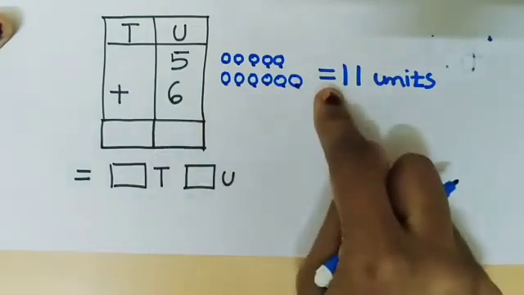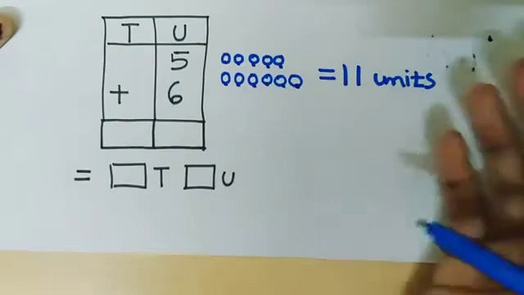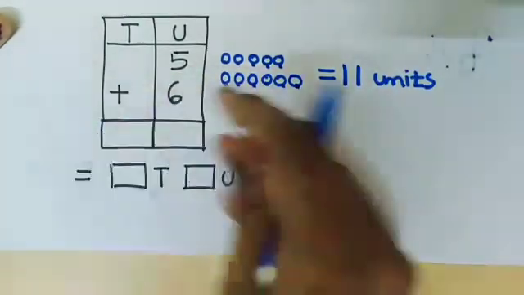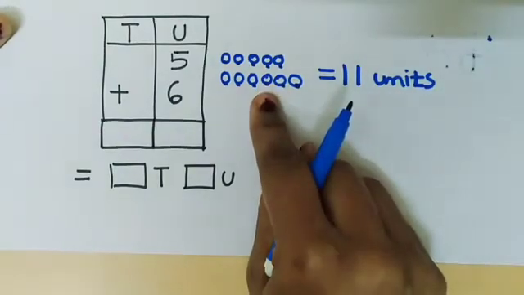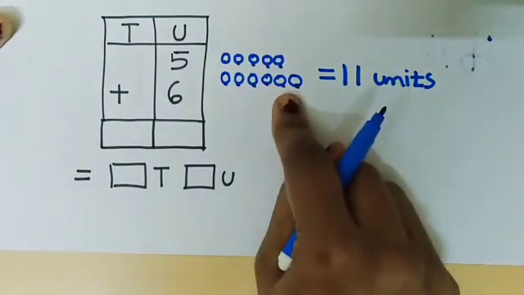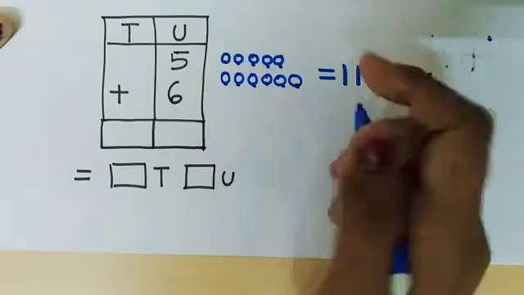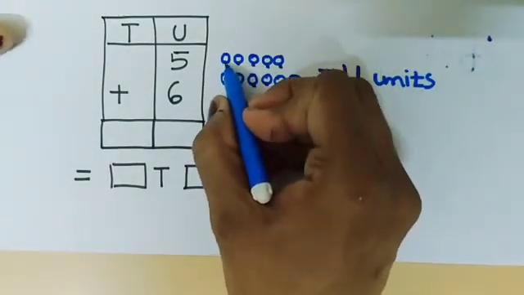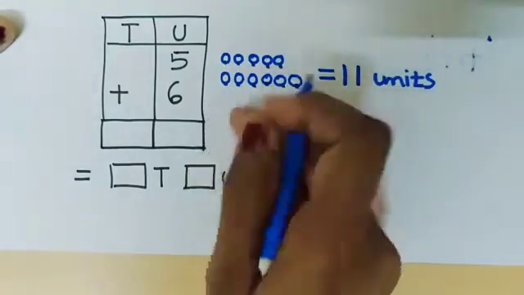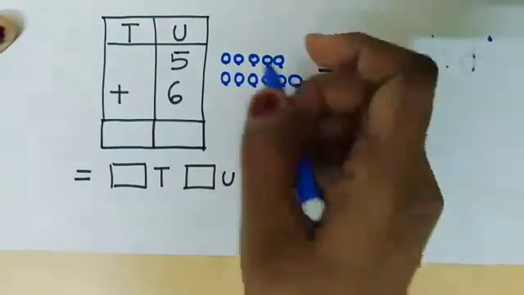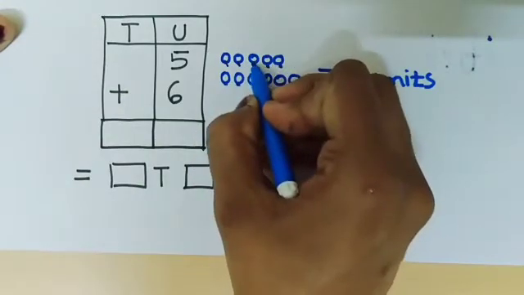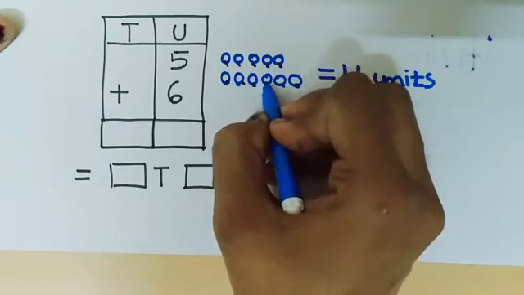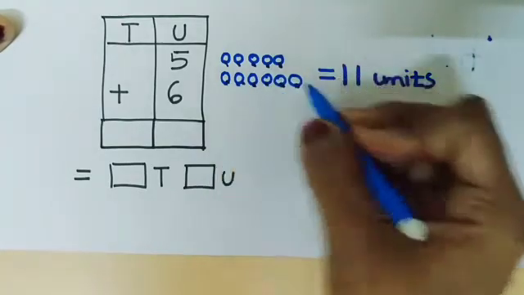That is why we have to make a bundle of 10 and move it from the unit place to the tens place. So can we make a bundle of 10 from these 11 units? Let us see. We have to take out 1 ten from these 11 units. 1, 2, 3, 4, 5, 6, 7, 8, 9, 10.